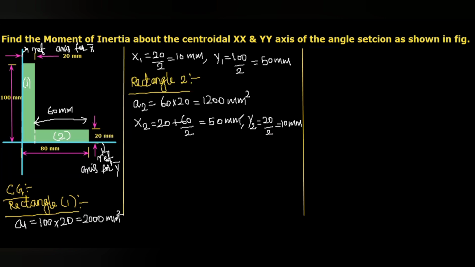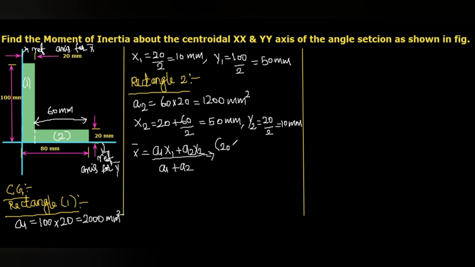Now we are going to calculate x bar and y bar. First for x bar calculation, we know that x bar equals A1 x1 plus A2 x2 divided by A1 plus A2. Now we have all the values. Substitute the values.